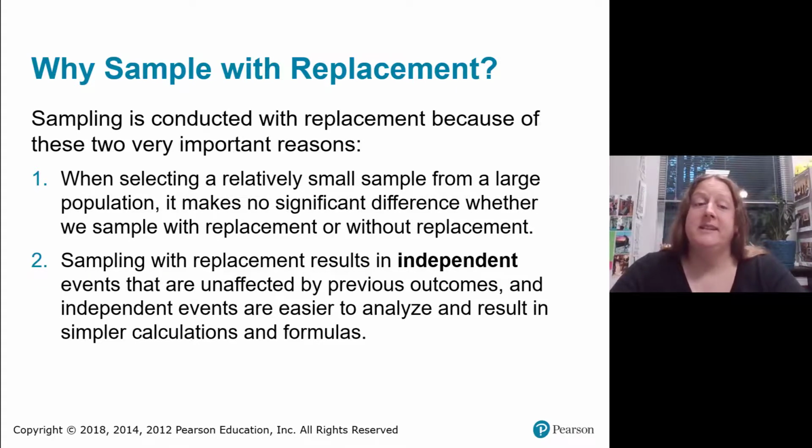The second reason is that if we're taking a larger sample from a smaller population, where the difference isn't so big, it's important that we are replacing. We want to do that so that we have independent events, so the events are not affected by previous outcomes. The reason for that is that it's so much easier to analyze data and do our calculations and deal with formulas when we're dealing with independent events rather than dependent events.